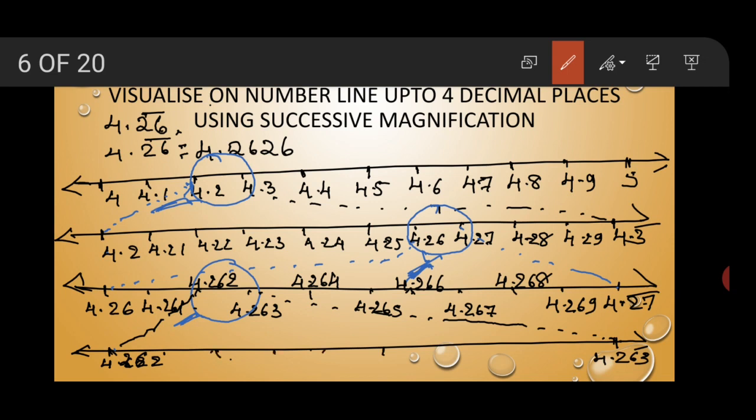Again divide this into equal how many parts? Yes, 10 parts. Each part of length 1 centimeter.